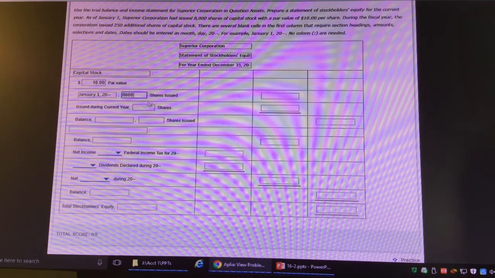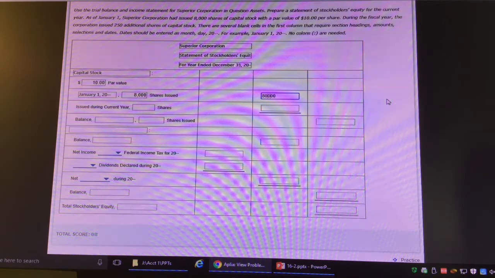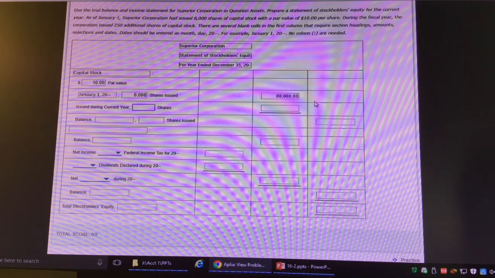To calculate the value, we take 8,000 times 10. That's an easy calculation, we're just going to add a 0. So this is 80,000. During the course of the year, 250 additional shares were issued. Again, since this is a $10 par value, we multiply by 10, adding a 0. This gives us a value of 2,500.